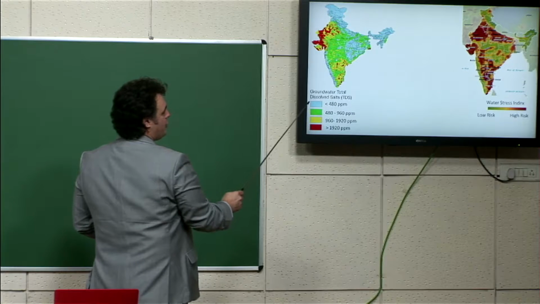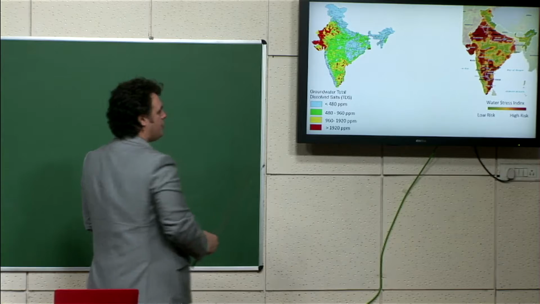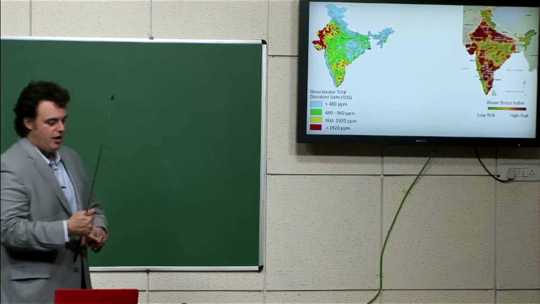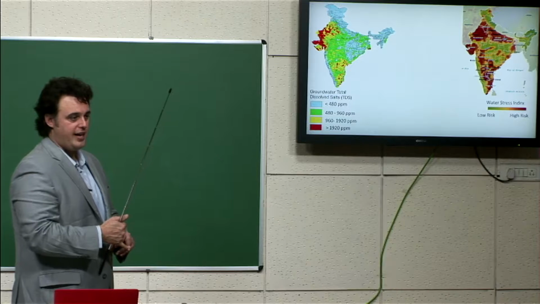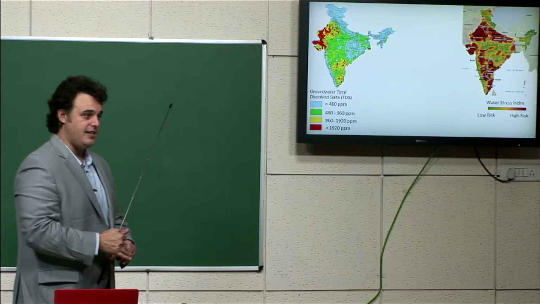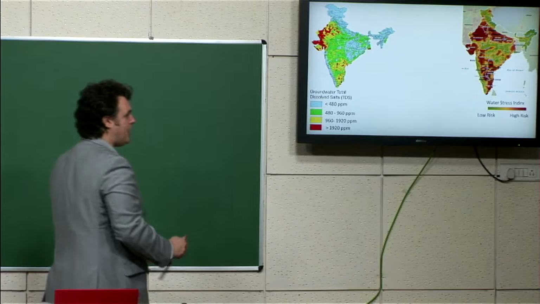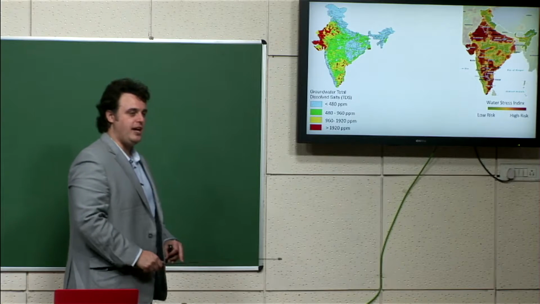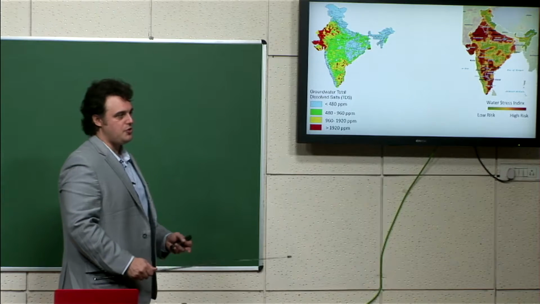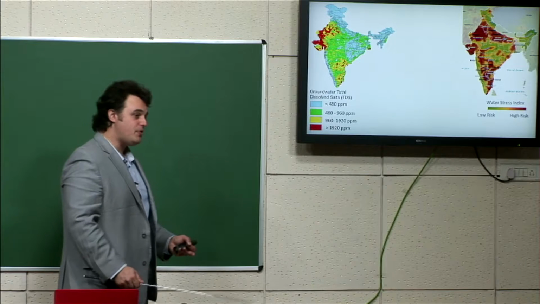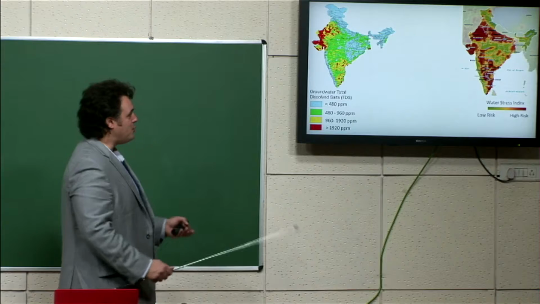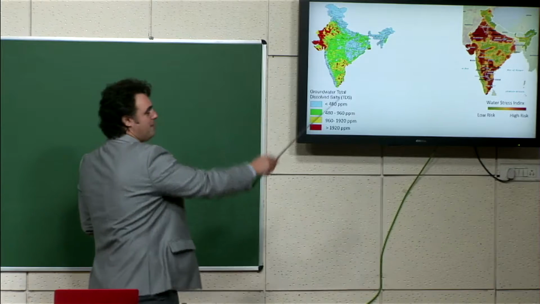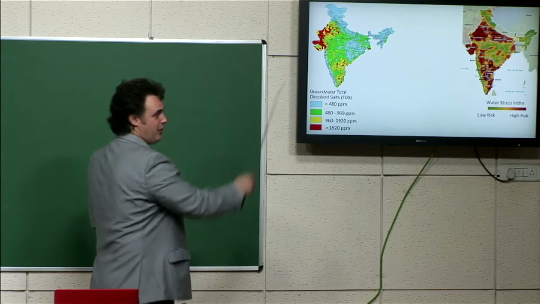And everywhere where you see a color other than blue, the salt content is higher than the WHO recommended healthy level of what you should drink, and you can taste it. It's higher than the taste threshold. So 60% of the land area of this country has water that is really too salty to safely drink. 70% of the population gets their water from groundwater, though, right? And most people, particularly people in poor rural areas, are having to drink this stuff.